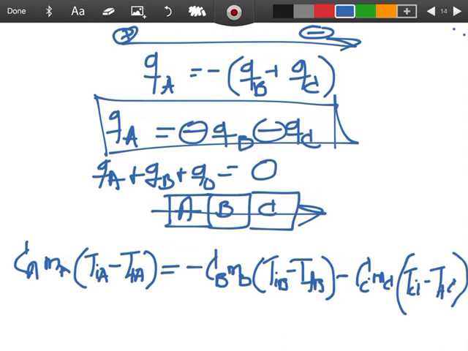And this is the equation that we will use now to manipulate the measurements of calorimetry.